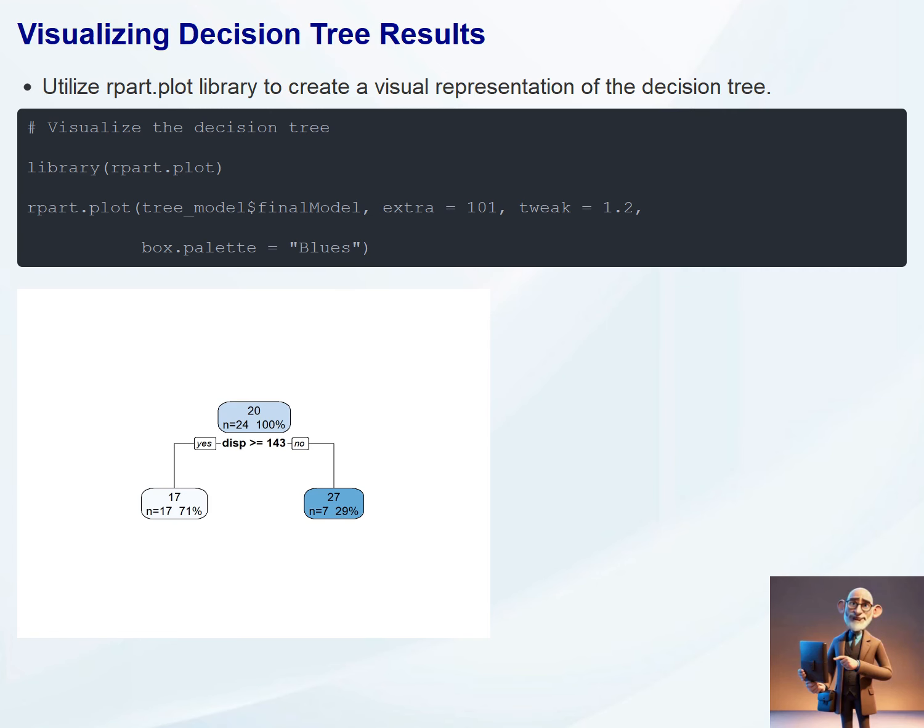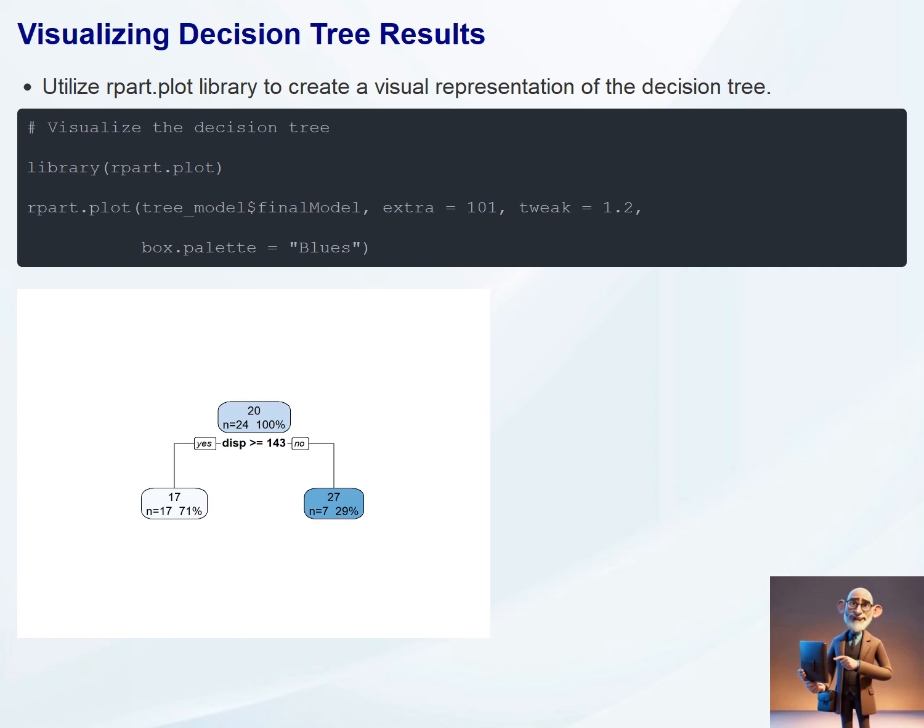In this section, we employ the rpart.plot library to create a graphical representation of our decision tree model. Visualization is a powerful tool for understanding the structure and decisions within the tree. The visual output provides a clear and intuitive overview of how the model partitions the data based on different features. Each node, decision, and branch is visually represented, making it easier to communicate the decision-making process to stakeholders or collaborators.